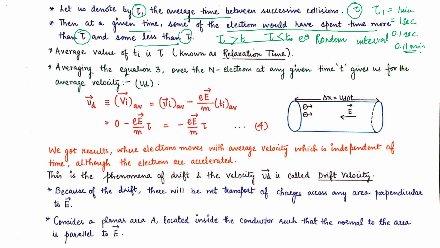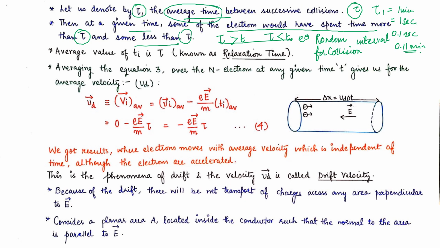Random intervals for collision. Now the average value of Ti is tau. This we have taken as tau, the average time.